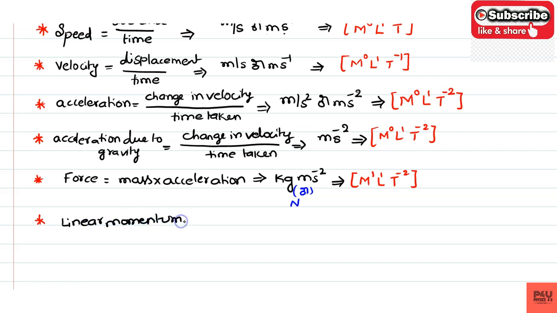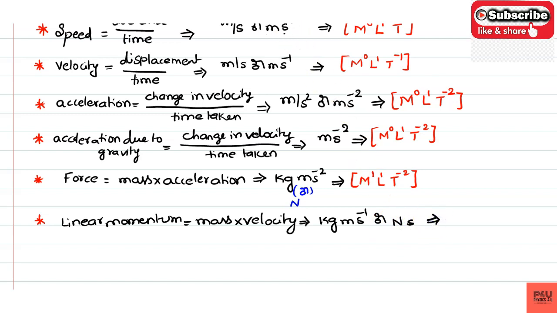Linear momentum, we have the formula mass into velocity. So the mass unit is kg and the velocity unit is meter per second. Kg meter per second, or we can call it Newton second.